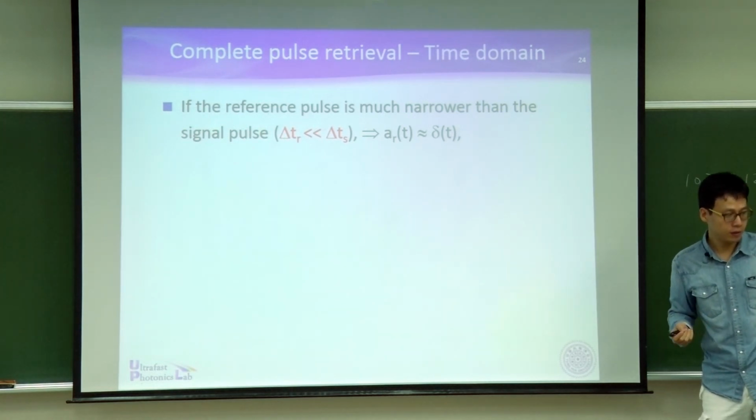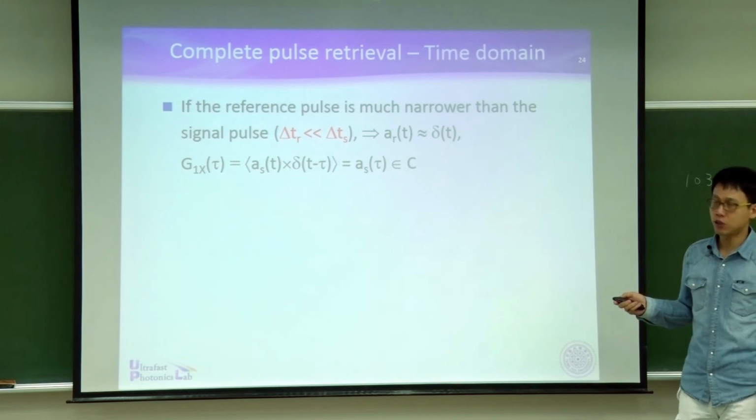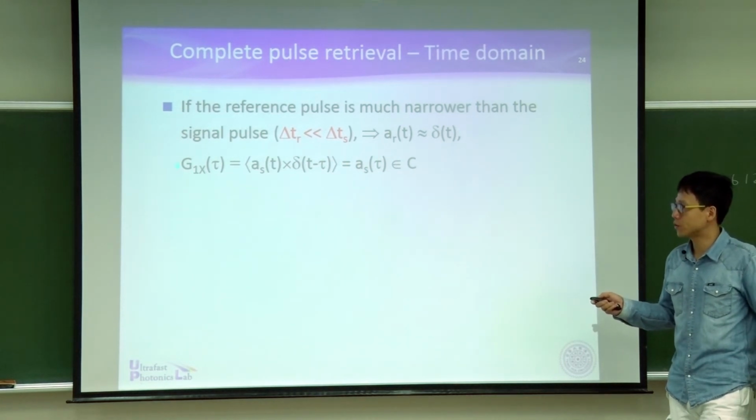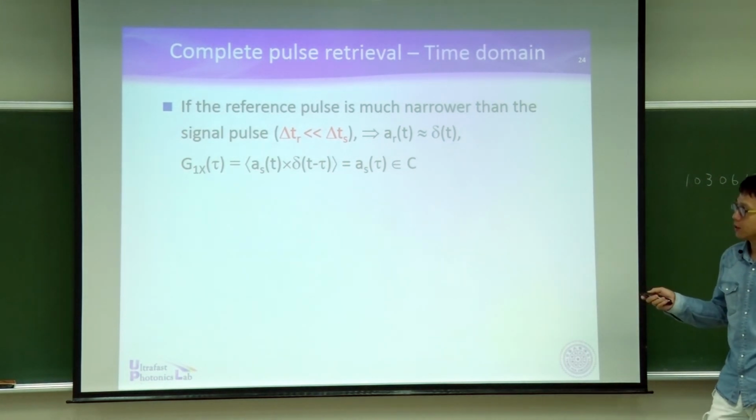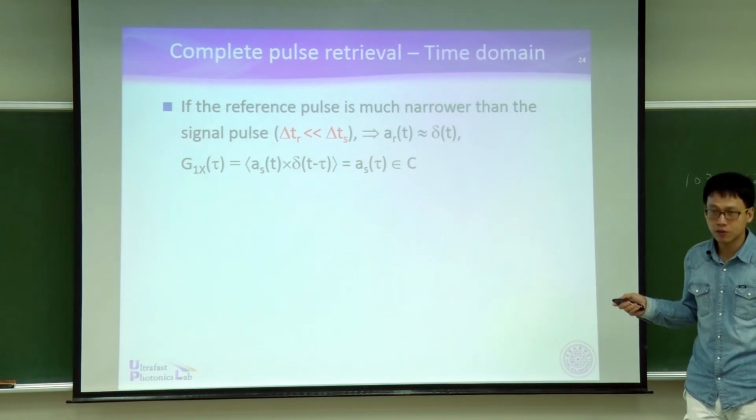Then what happens? According to the definition of the field cross-correlation function G1x, it becomes AS times delta of t minus tau. Complex conjugate doesn't matter for a delta function. But with the bracket, that means time average. And you know the product of two functions, one of them a delta function.